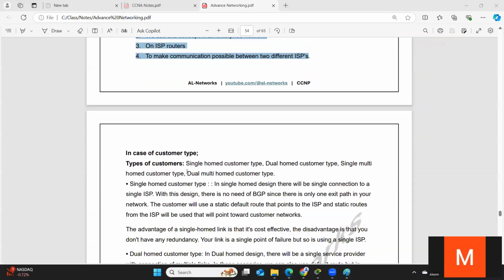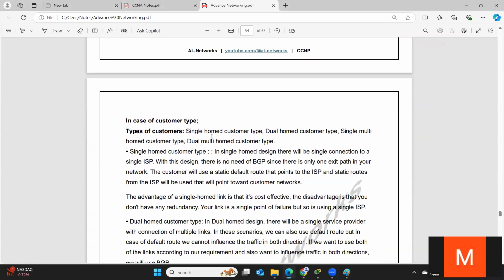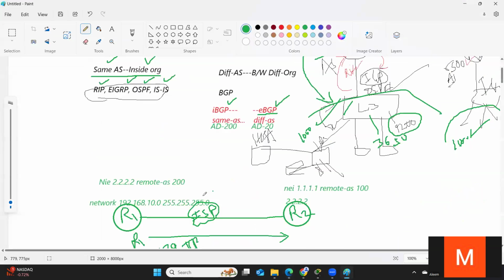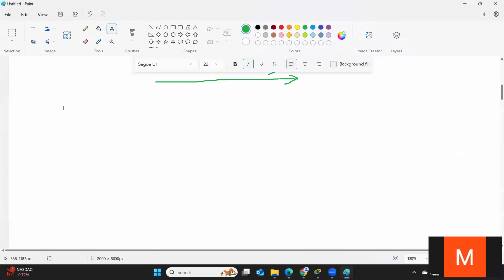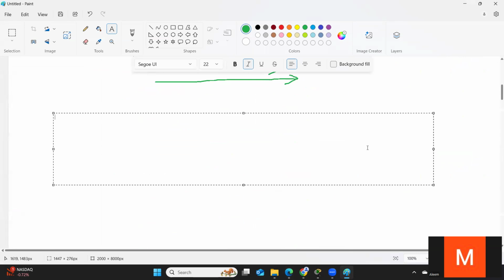Now here we have some customer types in BGP.